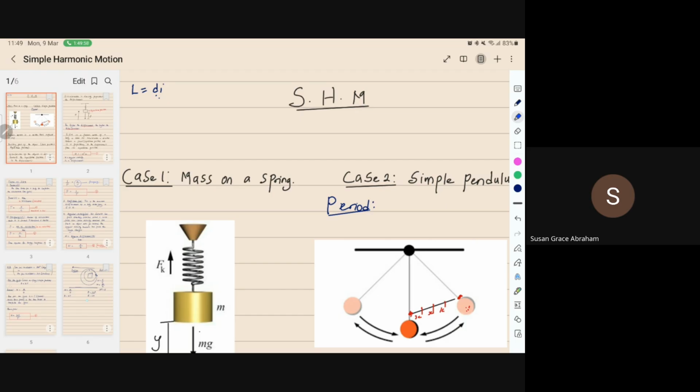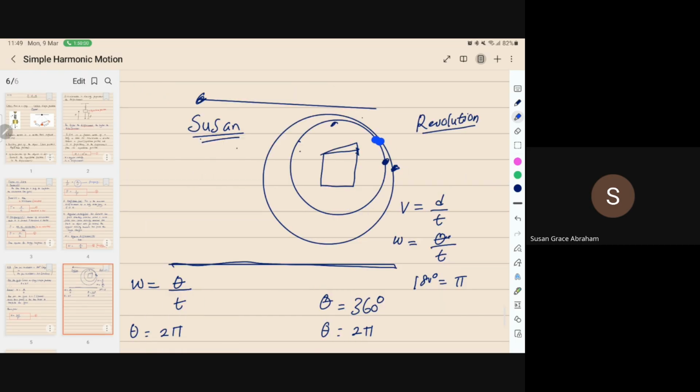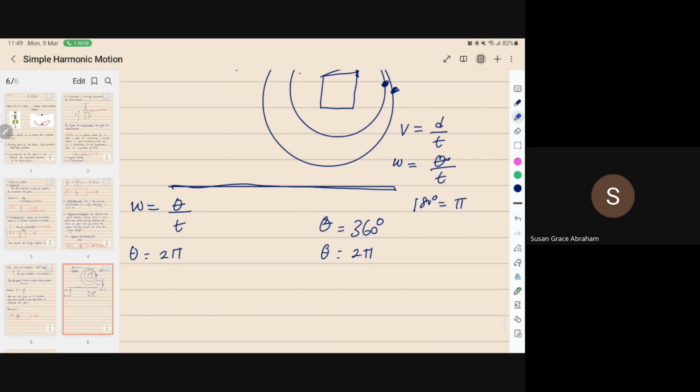So the time it takes your brother to run from here back to this place is what we call the period, T. So your small t will now be capital T. Therefore, your angular velocity after he has completed one cycle will be 2 pi over T.